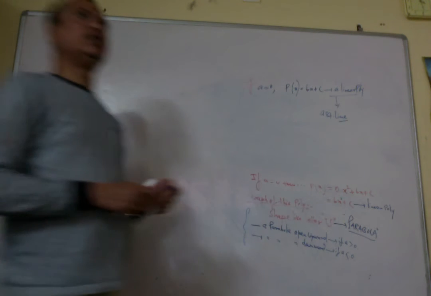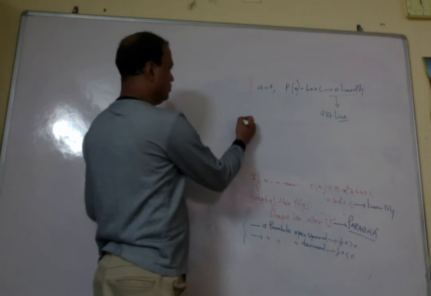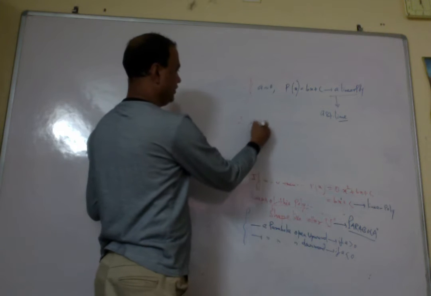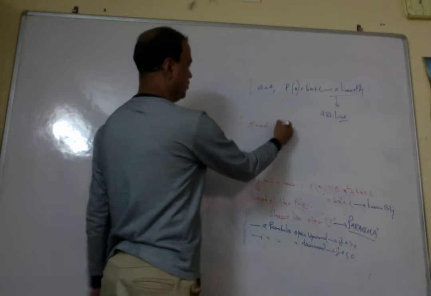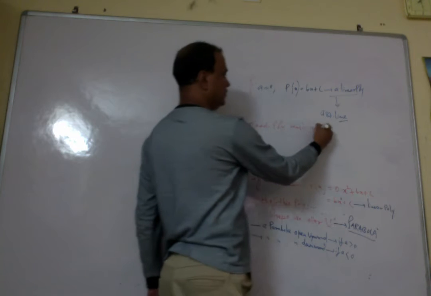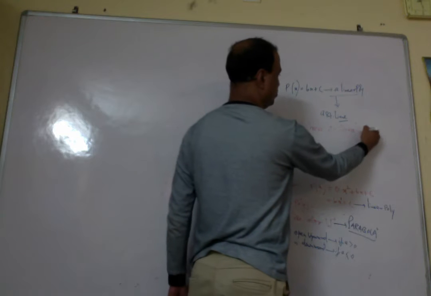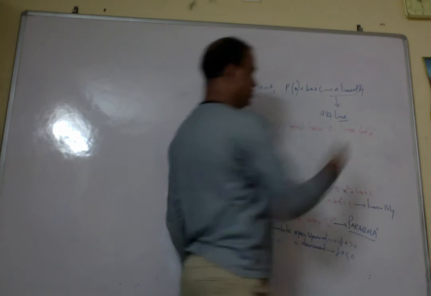Okay. So as it contains two zeros, why two zeros? Because the highest power is 2. So a quadratic polynomial must have two zeros, or sometimes we call them roots.